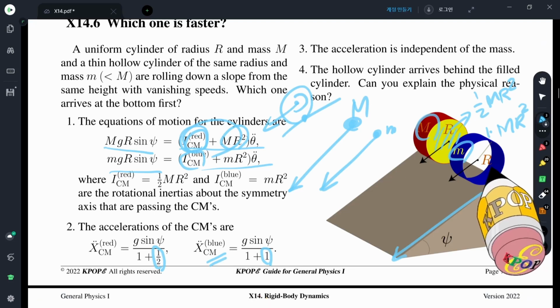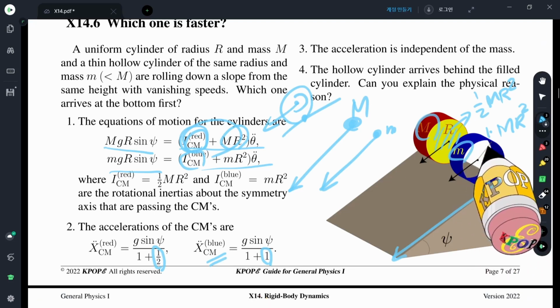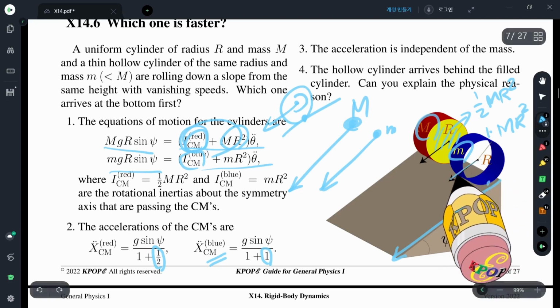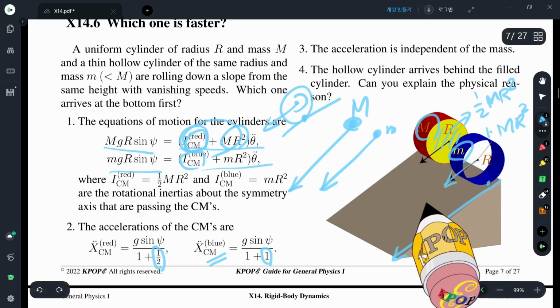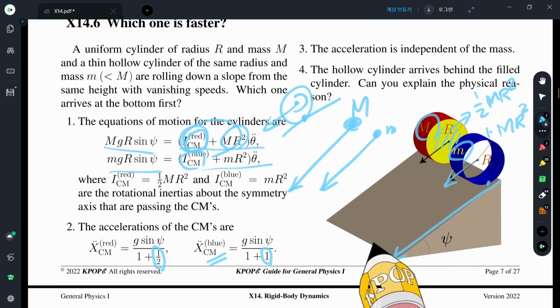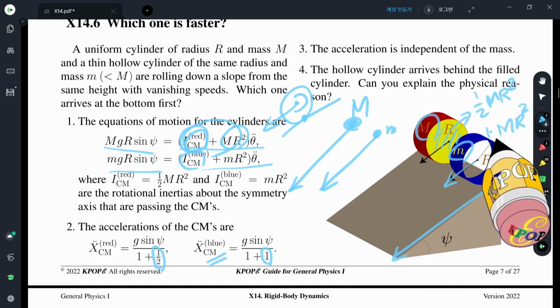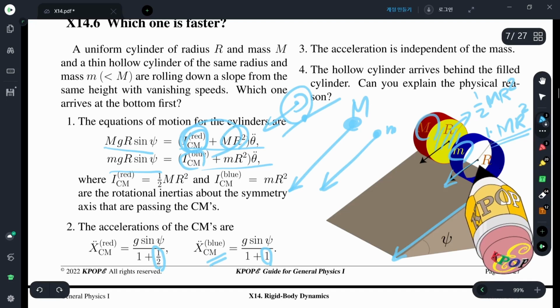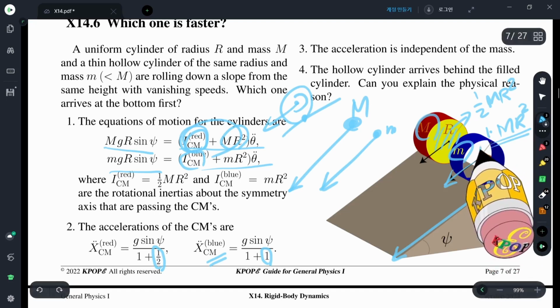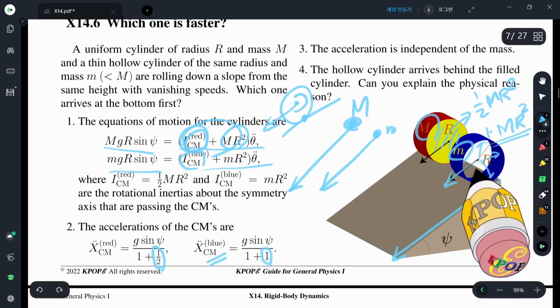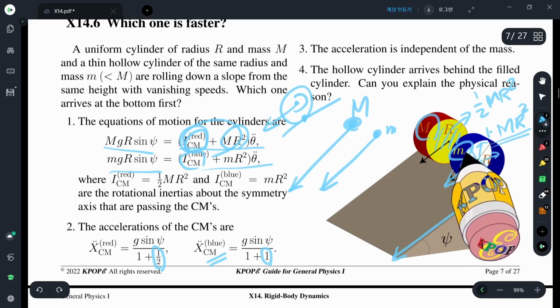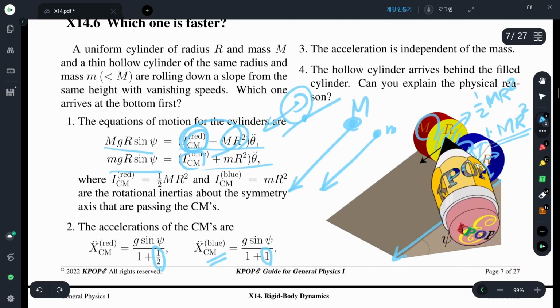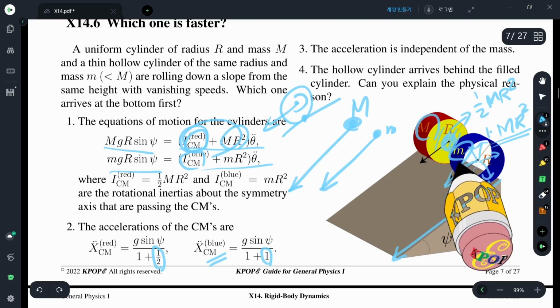That means even though it looks hollow and it may slide down faster, no, that's not the case. The rotational inertia increases as the mass distribution is concentrated outside of the center, with a bigger lever arm, and there is a mass distribution inside.